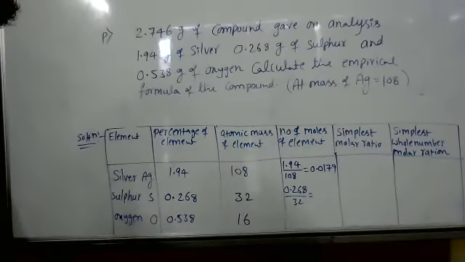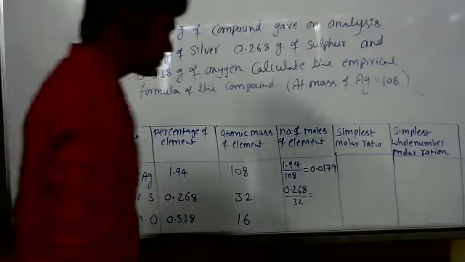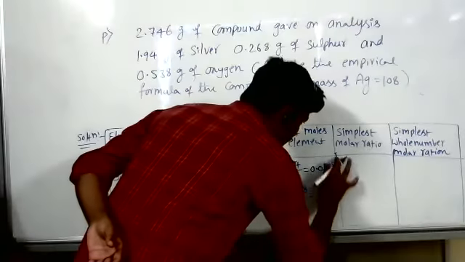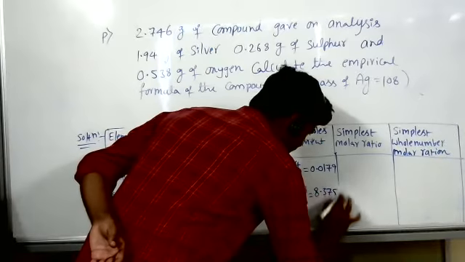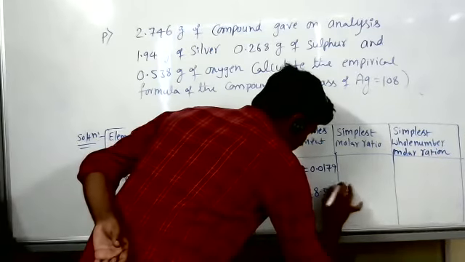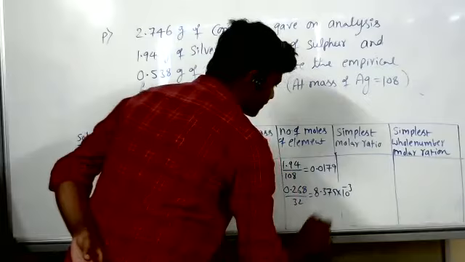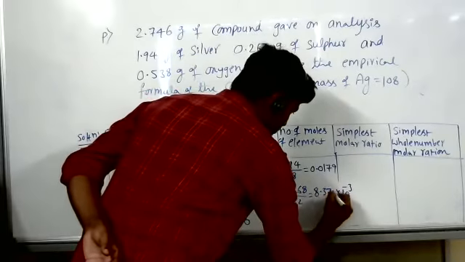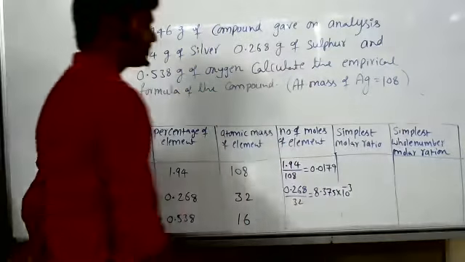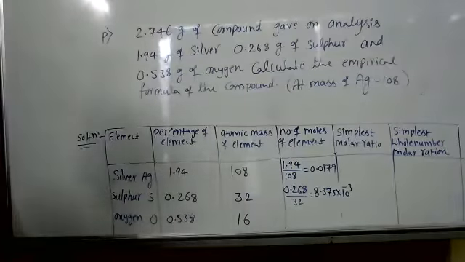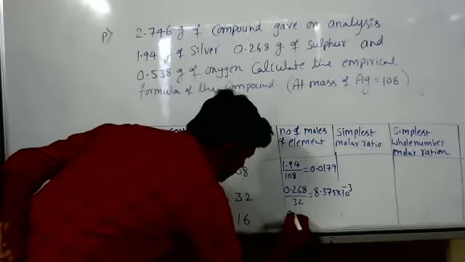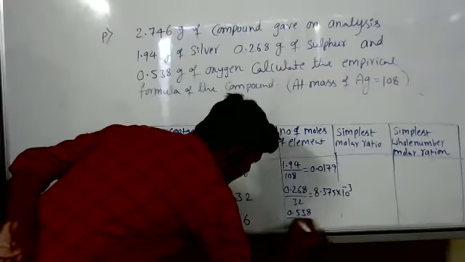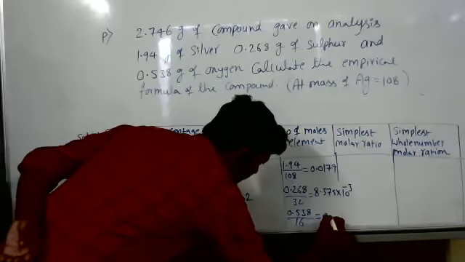Write that in scientific form, 8.375 into 10 power minus 3. And then oxygen, 0.033.